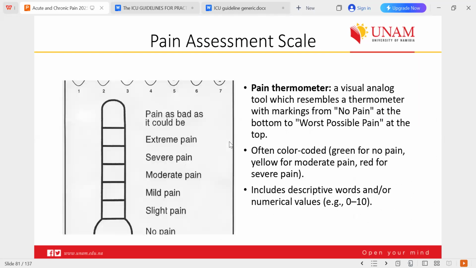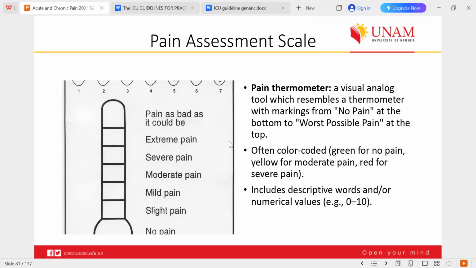Then the other one is what we know as the pain thermometer. I'm sure we're very conversant with the thermometer. So this is a visual analog tool, almost like your visual analog scale, and it represents a thermometer with markings, with no pain at the bottom towards the worst possible pain at the top.